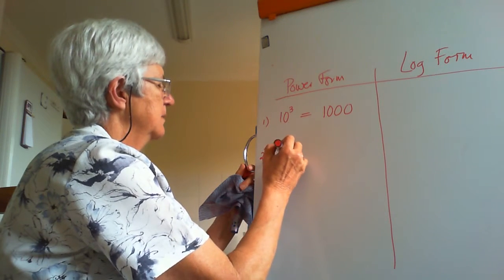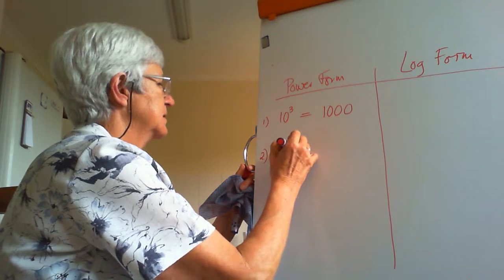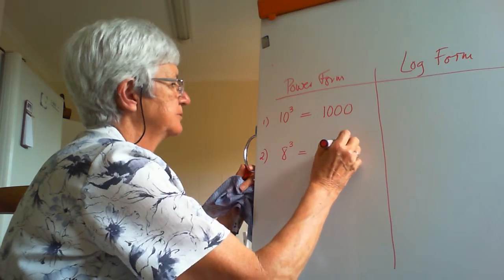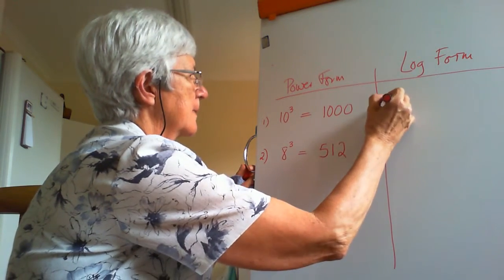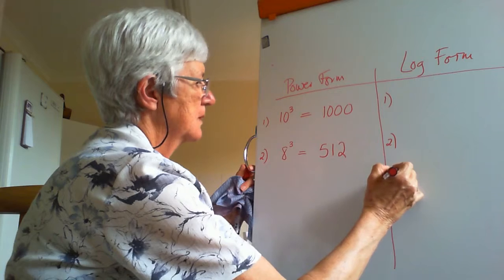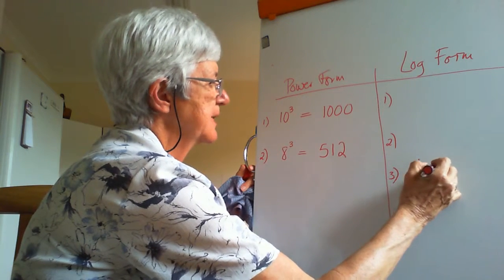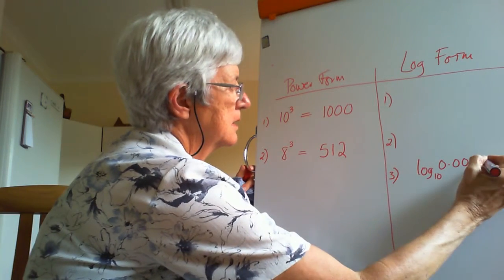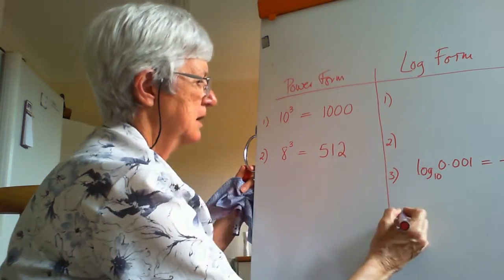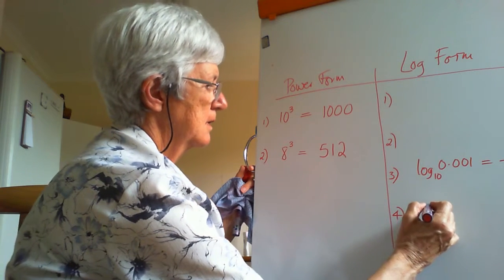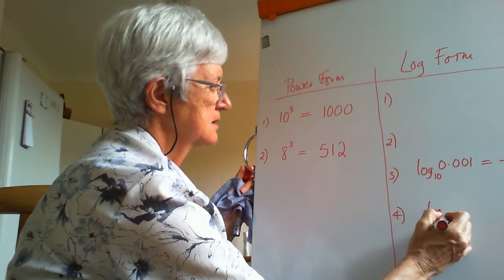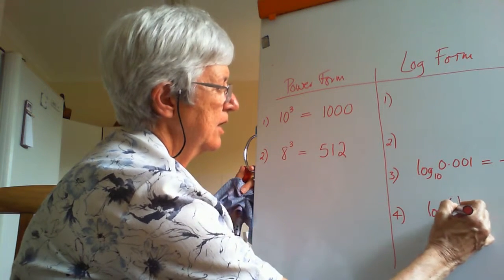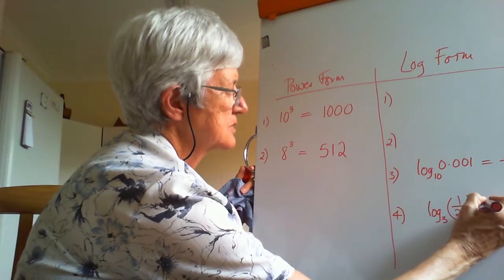Second one, 8 cubed is 512. The third one, log to the base 10 of 0,001 equals -3, and a fourth one, log to the base 3 of 1 over 27 is also -3.